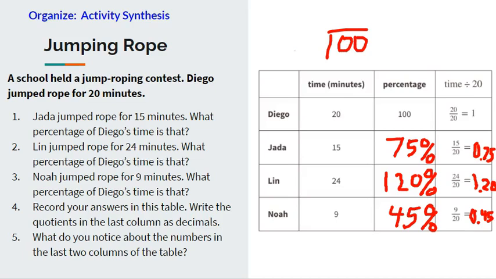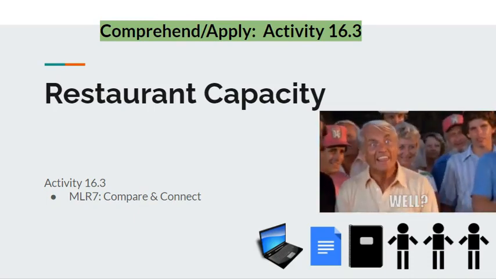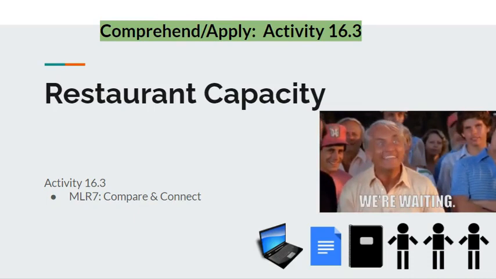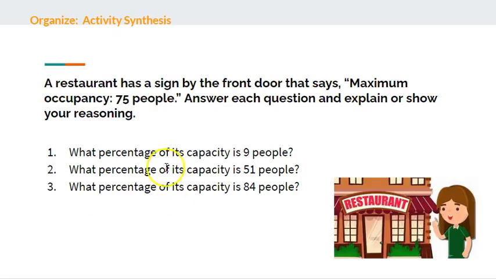You should be able to recognize now the decimal with the percent at this point. Let's talk about some restaurant capacity and how many people should be in a particular restaurant. A sign at a restaurant says maximum occupancy 75 people. What does that mean for each of these situations?